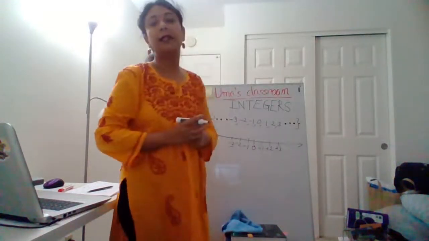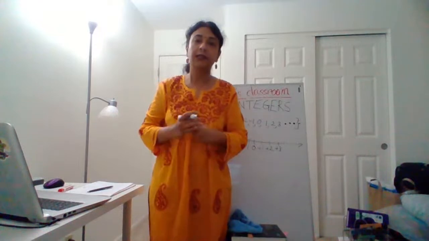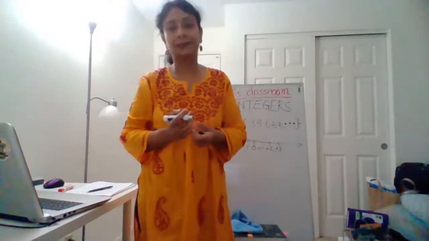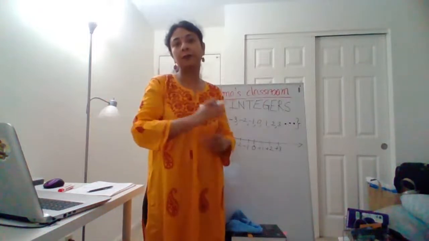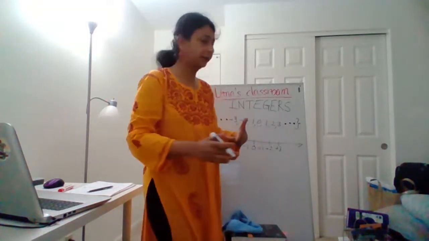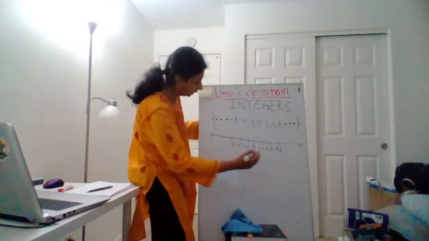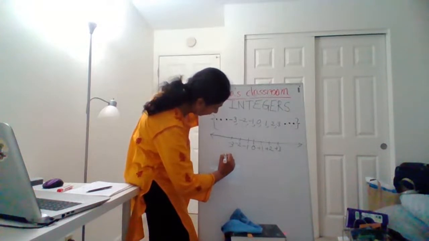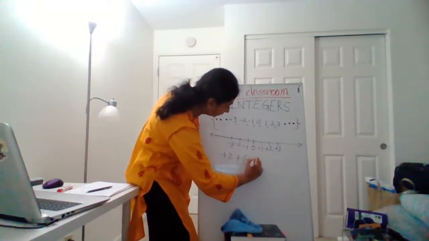Using this number line, we can perform different integer operations like addition, subtraction, etc. I'm showing you two examples. How can you perform integer operations like addition, subtraction? Suppose I am going to add +2 with +3.